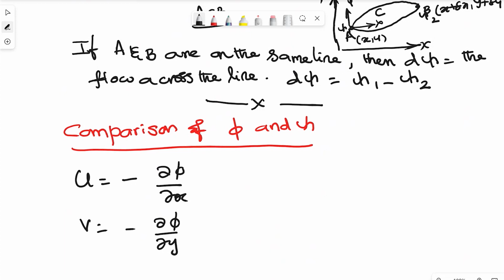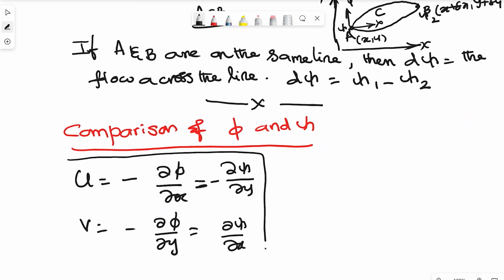And from the stream function side, minus u is equal to dou psi by dou y and v is equal to dou psi by dou x. And these equations are called Cauchy-Riemann equations.